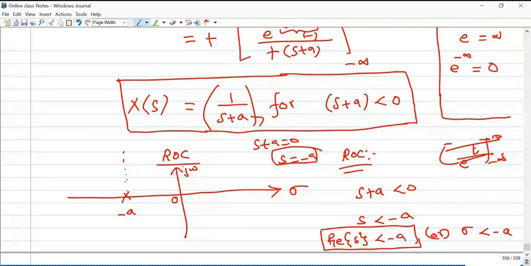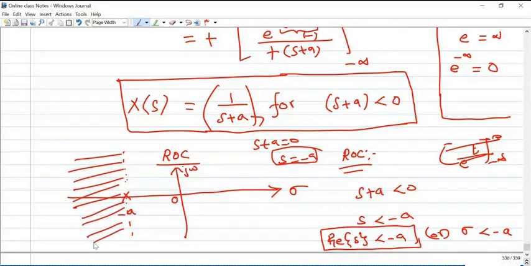So less than minus a means you have to mark this side. In this section only, your X of s is valid. From minus a to infinite, your X of s is not valid. X of s exists from minus infinite to minus a. So that is called the region of convergence.